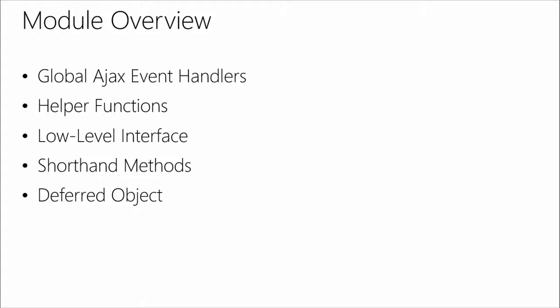In this module, we're going to be looking at the global Ajax event handlers, so the things that we can do to hook into the Ajax cycle, what happens before, during, and after an Ajax call. We're going to look at some helper functions. We're going to look at the low-level, here's how to call Ajax using the Ajax method. But then we're going to look at these shorthand methods that jQuery gives us to make it, once again, easy.